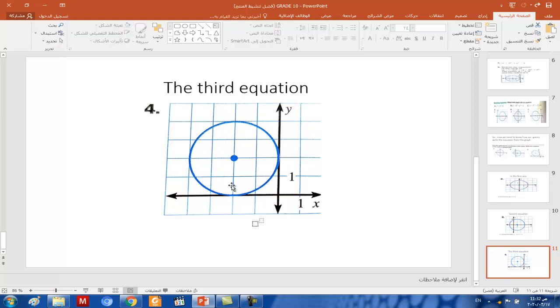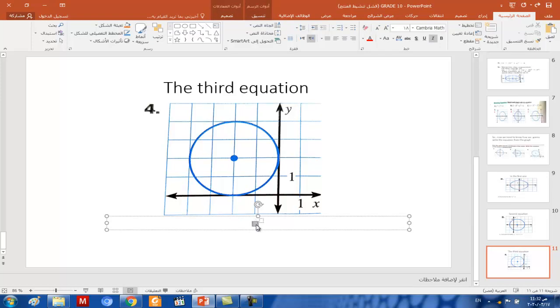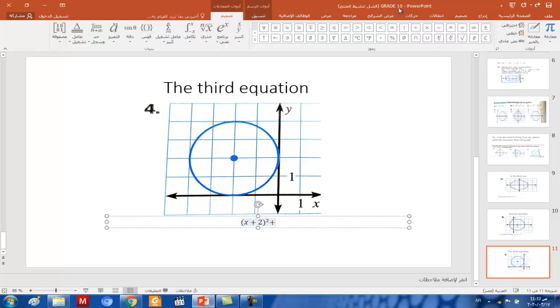So the equation becomes x minus negative 2, so negative by negative becomes positive, so (x + 2)², plus, we have 2 for y, so (y − 2)², and after all equal, the radius equals 2 units, so 2² = 4.